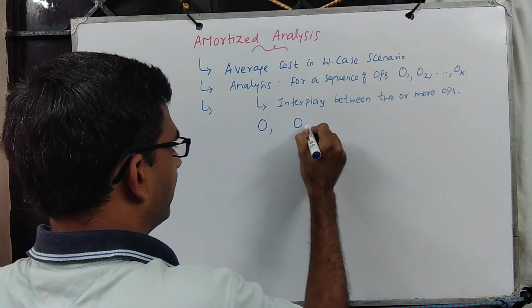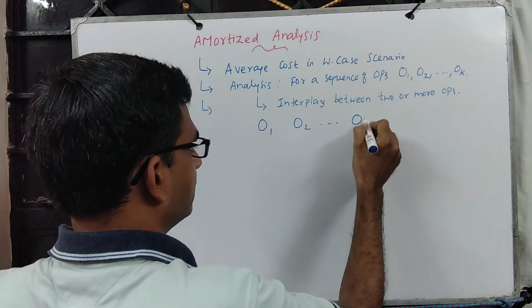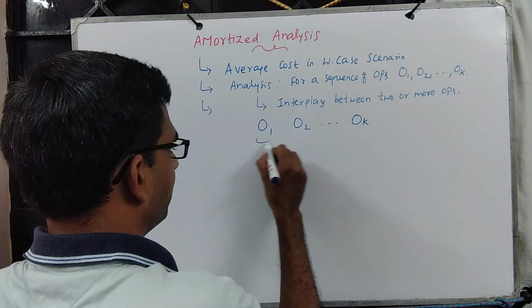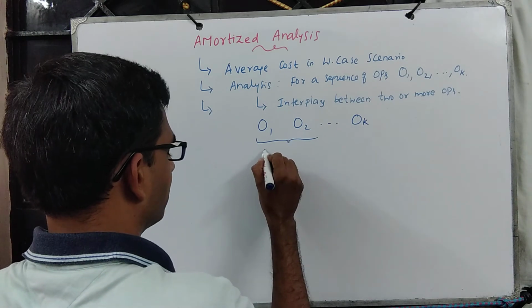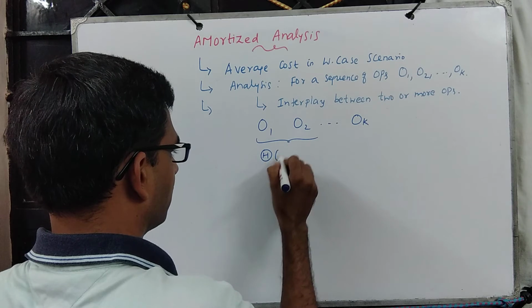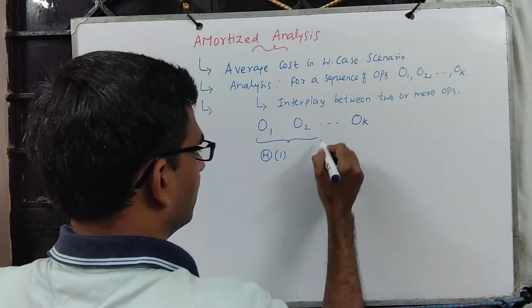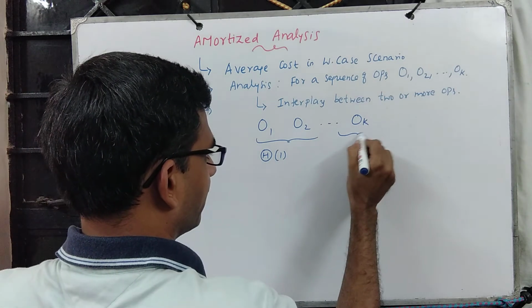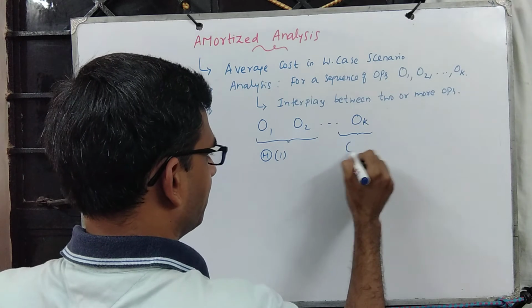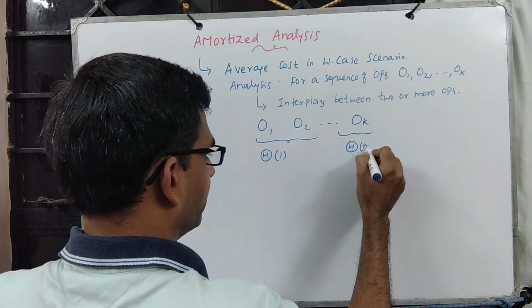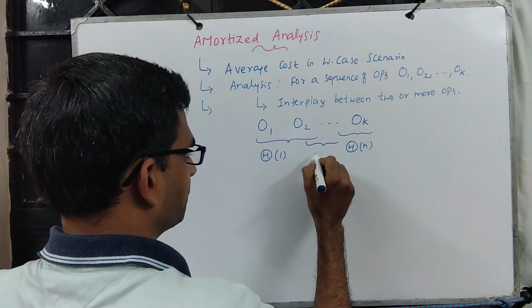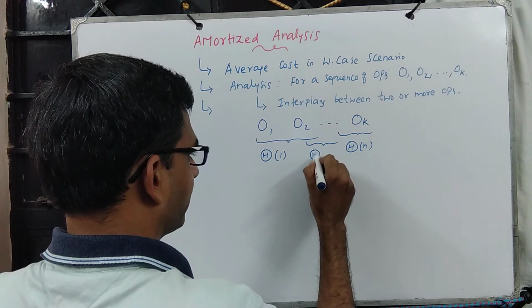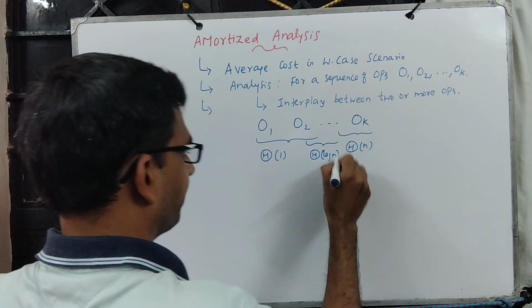So if you look at these operations, some of them may be really cheap, meaning constant operations, order 1 or theta 1, and some may be expensive, maybe order n or theta of n, and some may be less expensive, maybe order log n or theta of log n.